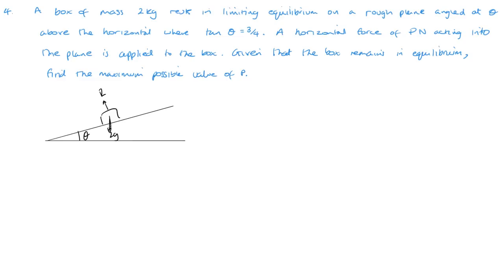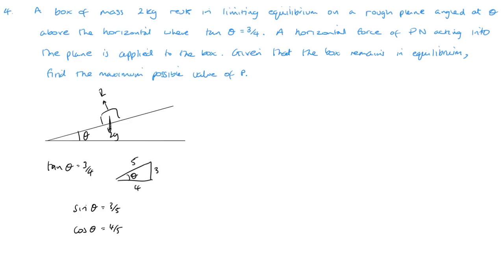This angle is theta, where tan theta equals 3/4. So that means opposite over adjacent, so this one is 5. So sine theta is 3/5 and cos theta is 4/5. Okay, so that will help us.